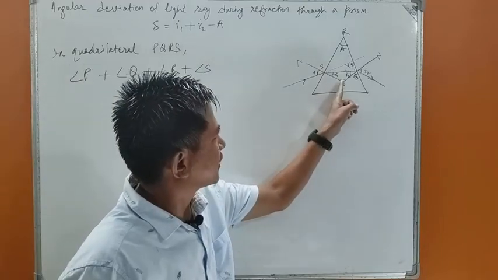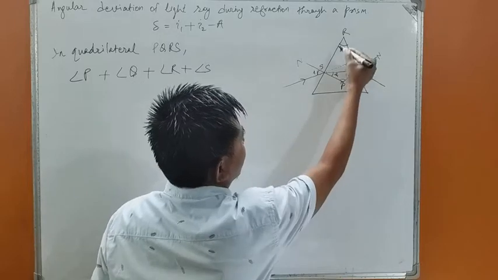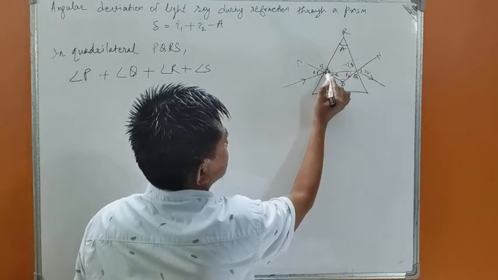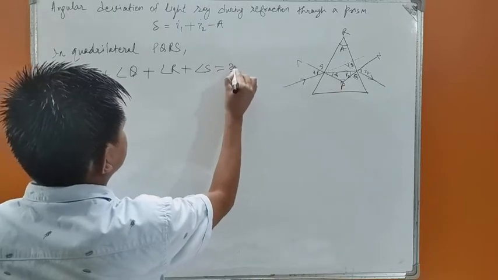Angle P means this angle, angle Q means this whole angle, angle R means this, angle S means this whole angle.